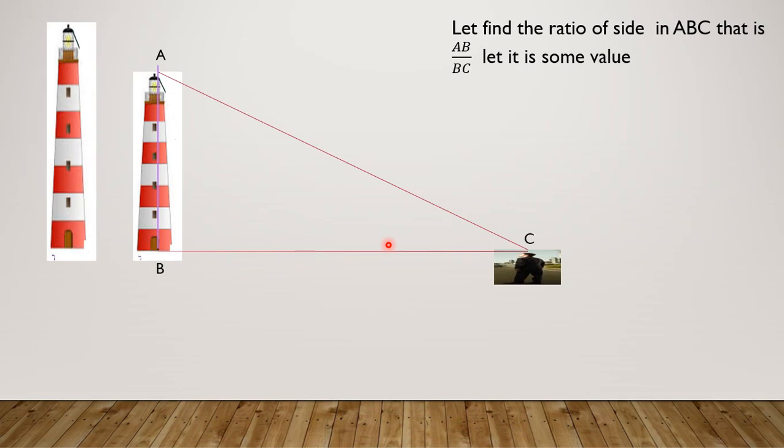What about when there is one more tower behind this tower, and the same observer at the same point C observes this tower too?